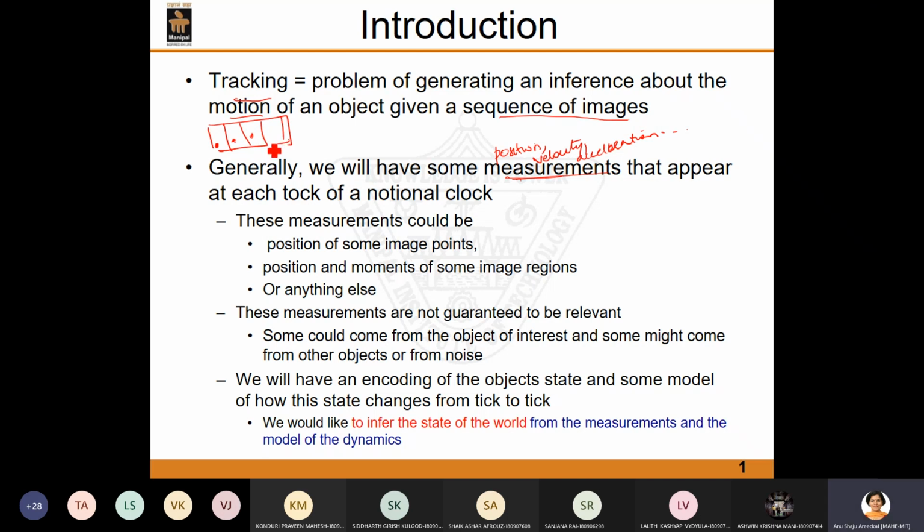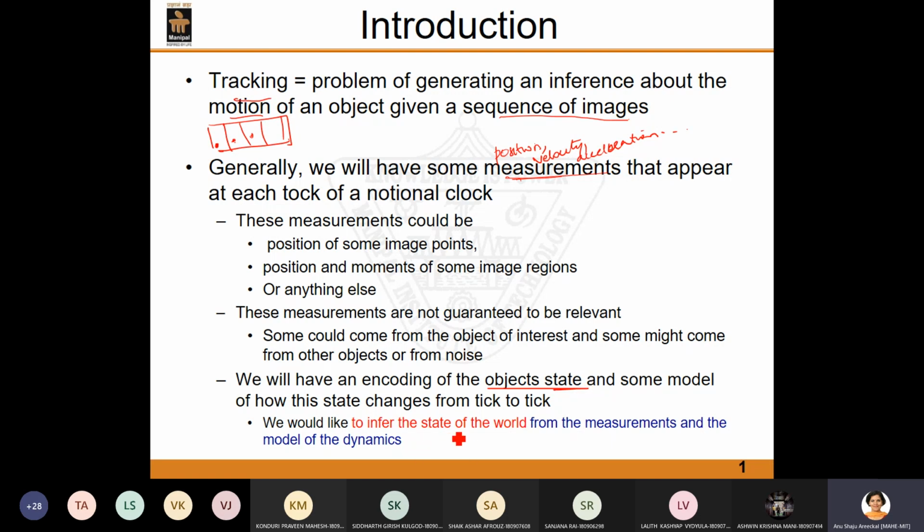Now each of these measurements that we are doing, as I said, we are taking on a frame by frame basis, and finally it is giving us a path. So what we can say is that we are trying to infer the state of the object, for example its position, and we are doing some measurements to find out how exactly the trajectory is.